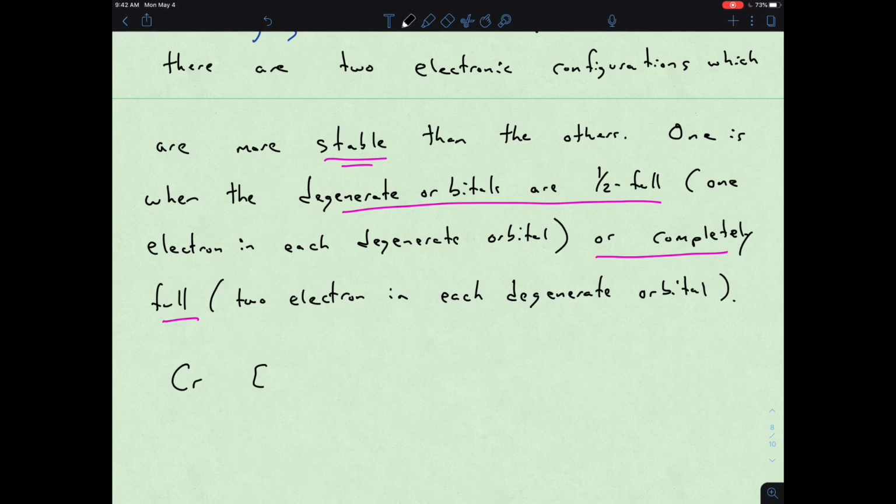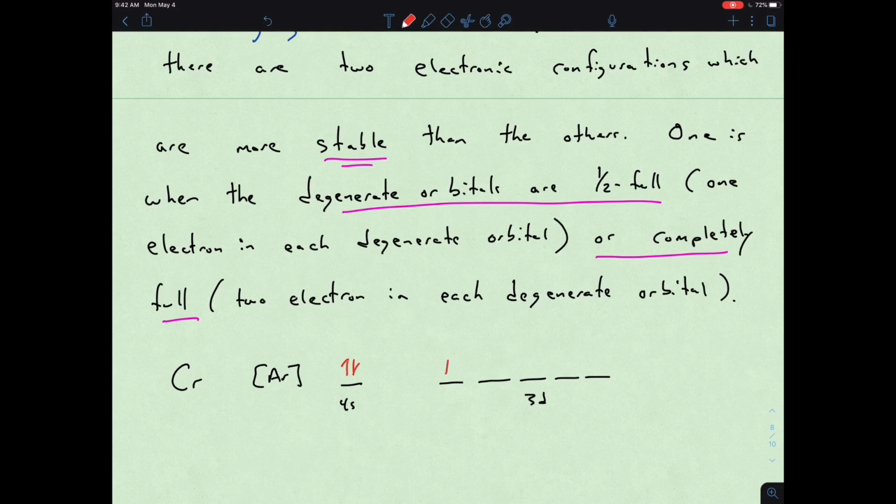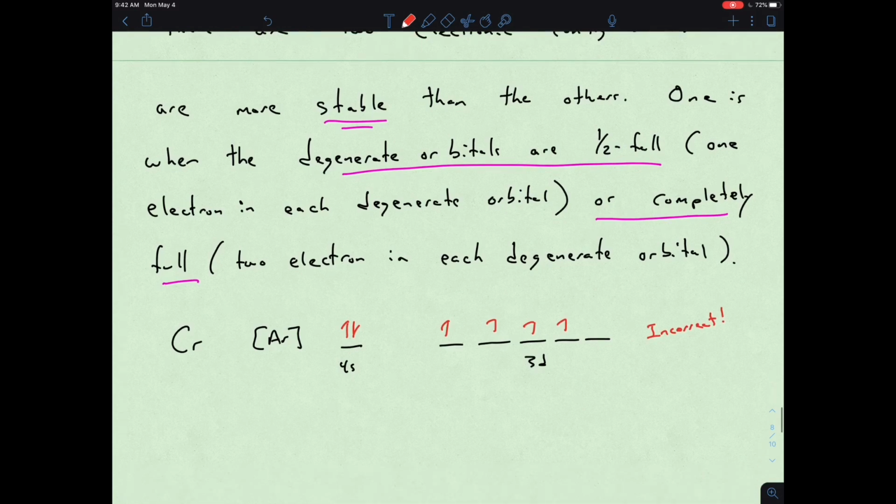we would have, let's say, our argon, and then our d shell. And so we could do this this way, and this is the incorrect way. And we want to remember this is an exception.